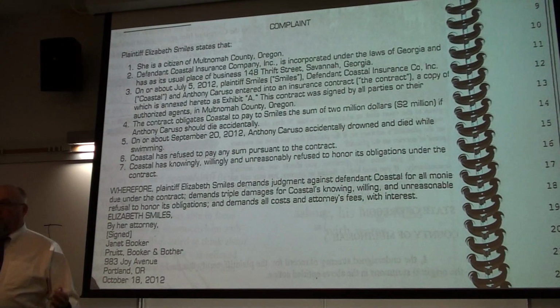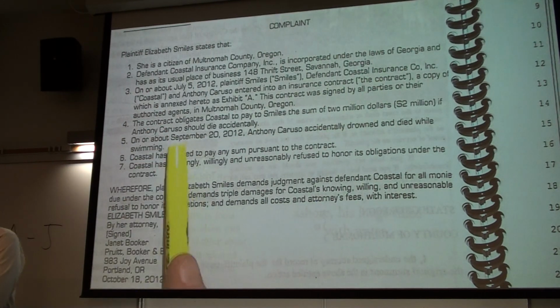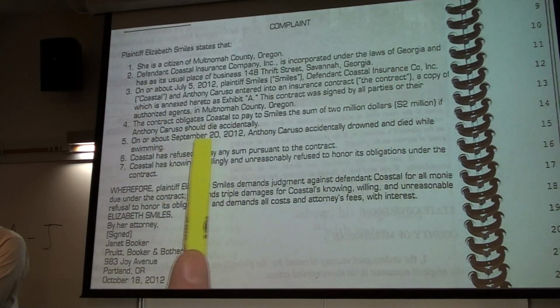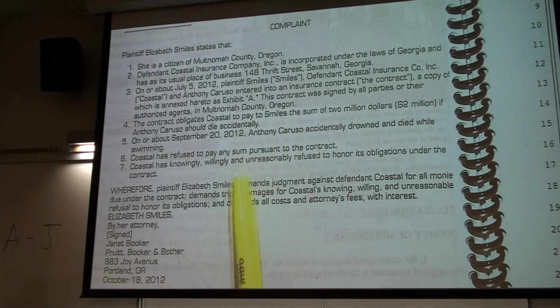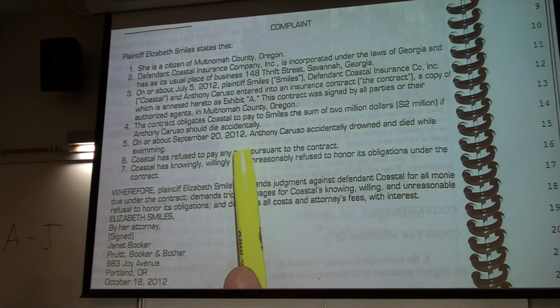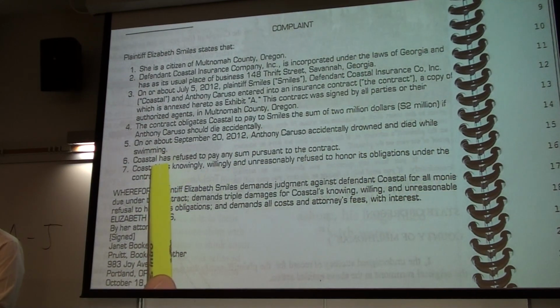Next, we get into what is alleged to have occurred that led to the lawsuit. So paragraph 4, right here. The contract obligates Coastal to pay Smiles the sum of $2 million if Anthony Caruso should die accidentally. Number 5, on or about September 20th, 2012, Anthony Caruso accidentally drowned and died while swimming.